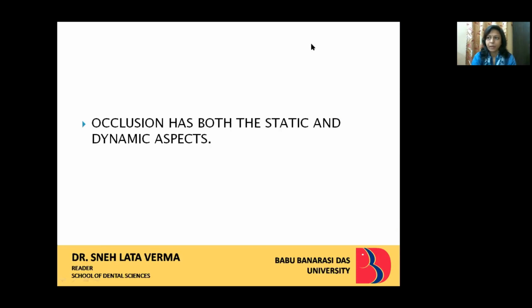Usually the classification of malocclusion is done on the basis of static occlusion itself, because it deals with the teeth and other related structures. But what is the dynamic aspect of occlusion? Dynamic refers to the functional aspect of the stomatognathic system as a whole, comprising the dentition, supporting structures, TMJ, and neuromuscular system.